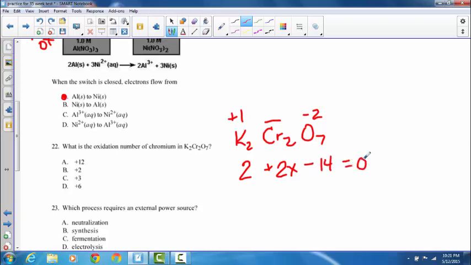I set it all equal to 0 because there is no charge. This is a compound. And now I go 2x minus 12 is equal to 0. So 2x is equal to 12. So x is equal to 6. And I choose my answer.